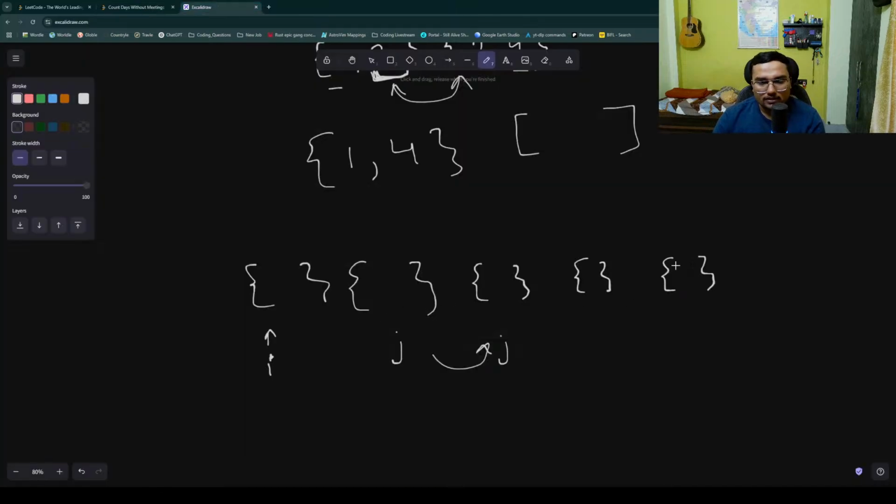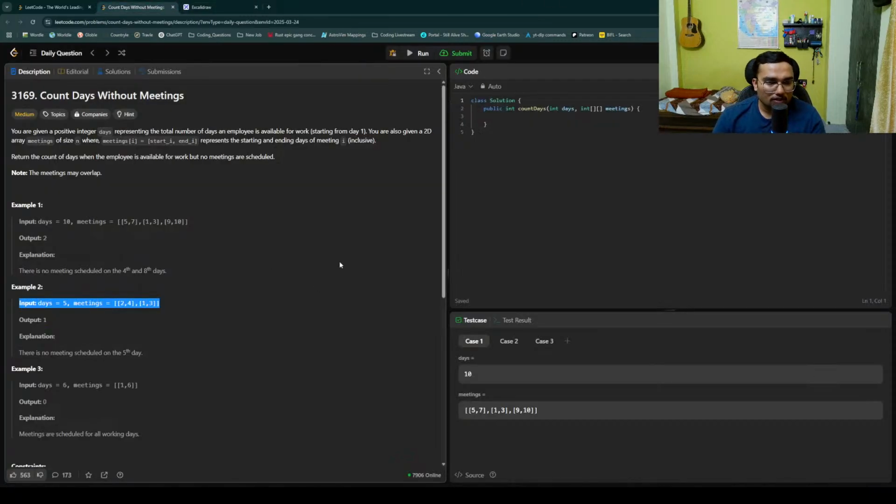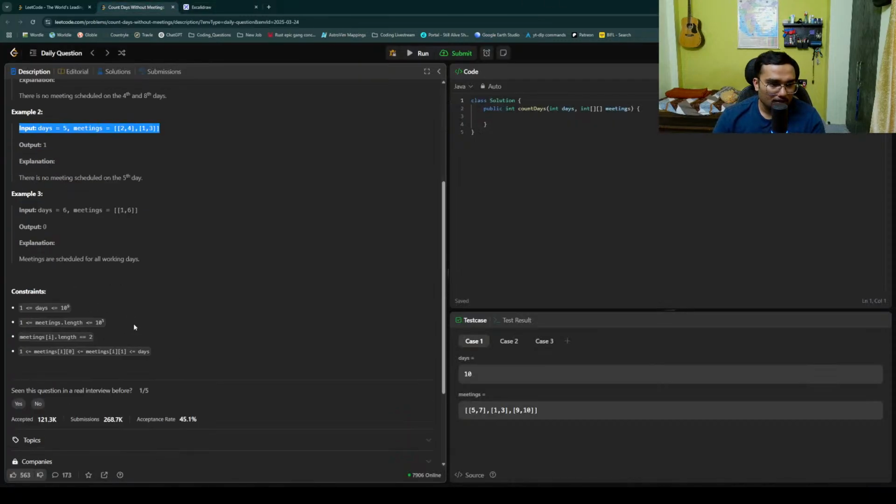Here we don't need any queue, just a list will work fine, but we need to sort these meetings based on the starting point. Now sorting would be n log n, with n up to 10 to the power of 5. So this is kind of an expensive solution, but that's the maximum time complexity that we will have here.